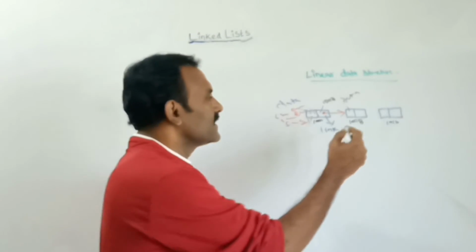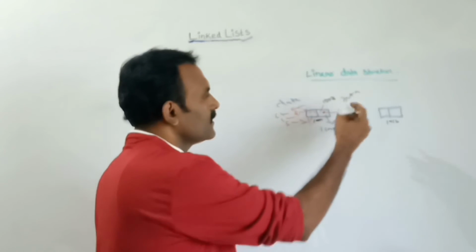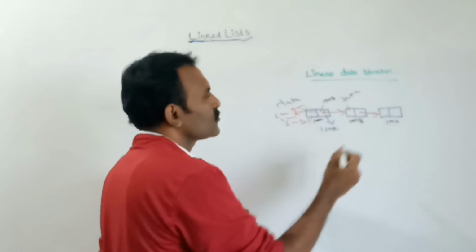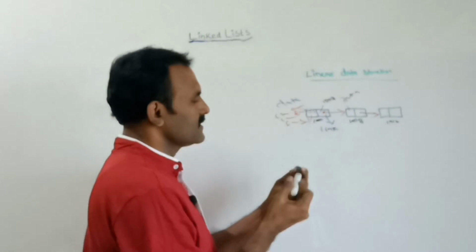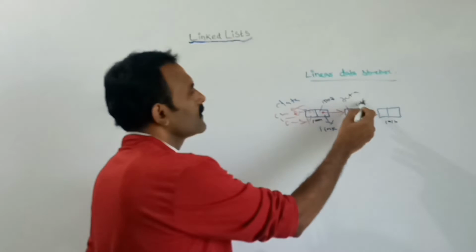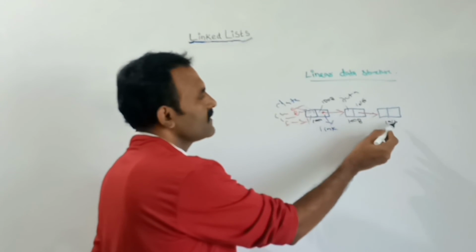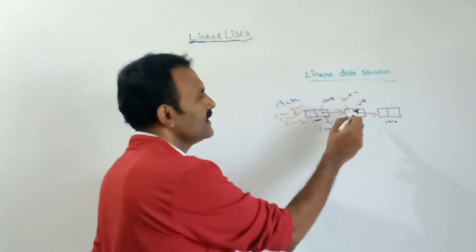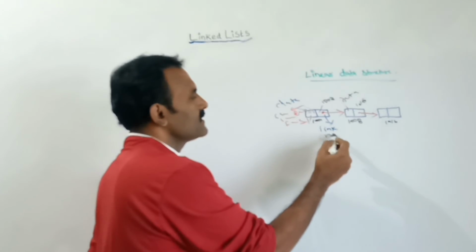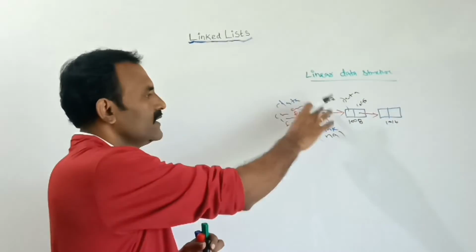The second part is known as the link part, where I am storing the address, here 1016. So this node fetches the address 1016, and from here we can move to the next node. This is the link part, otherwise we can say it is NA, that is next address. The next address of the node is stored in the link part.